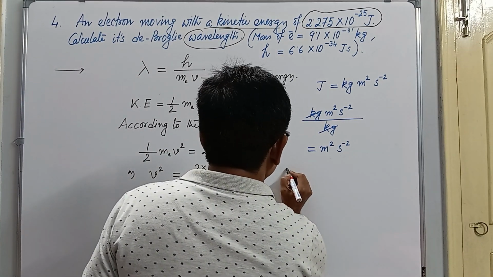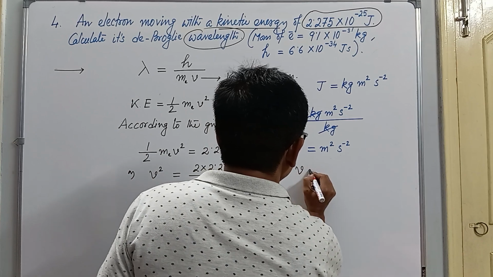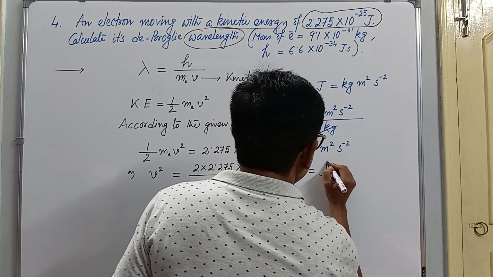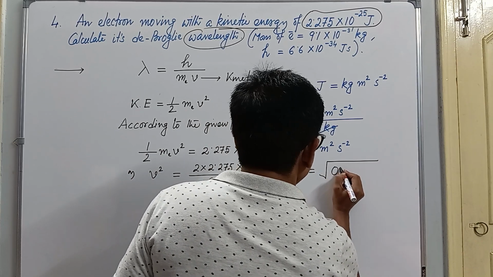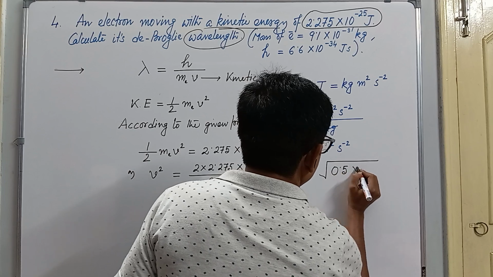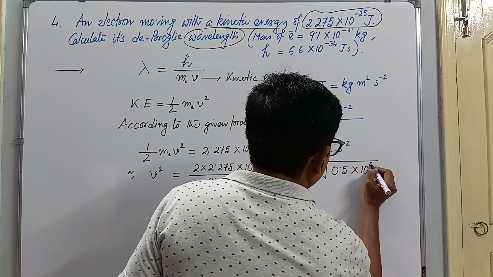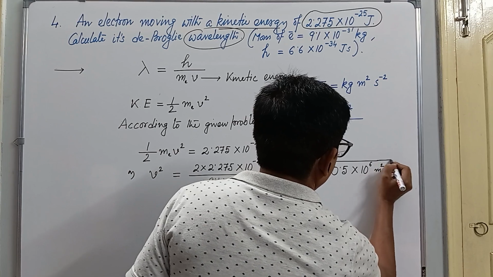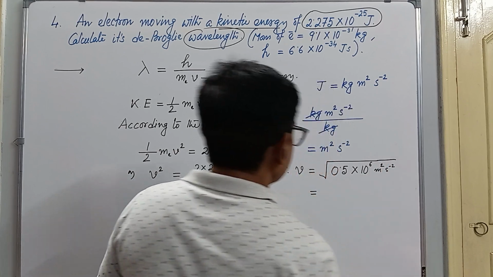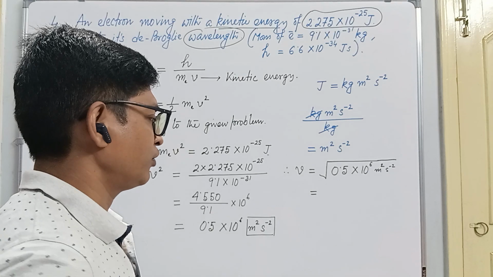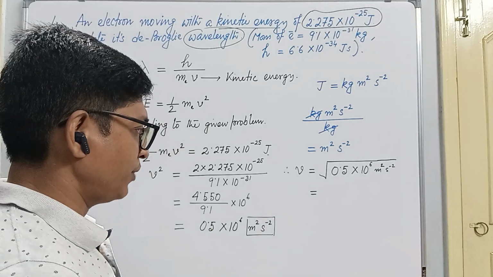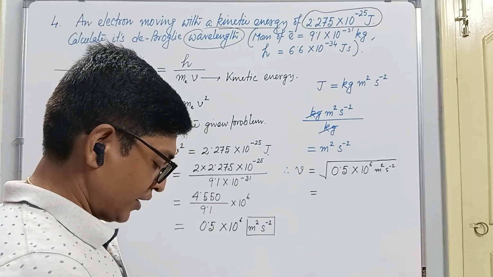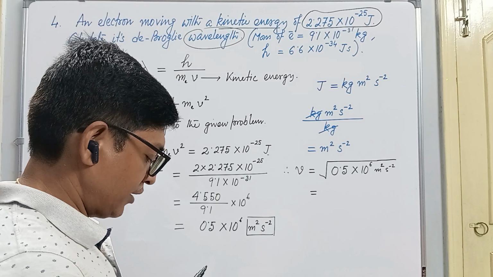So therefore velocity will be root over of 0.5 into 10 to the power 6 meter square second inverse square. Okay, so if I am doing it, I need to use the calculator once again. I believe that it will be around 0.07, but in any way let me check it correctly.